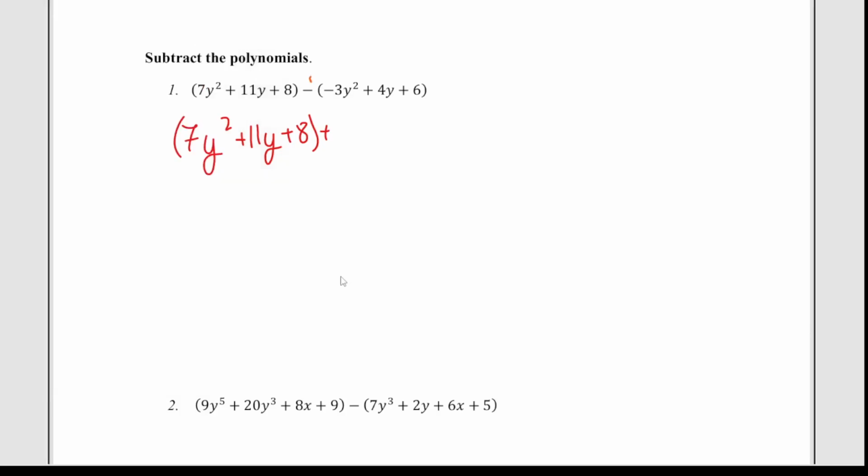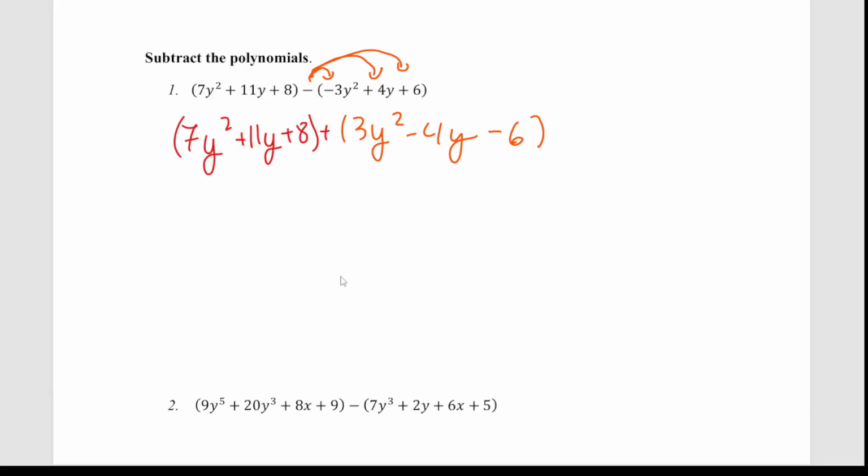So then I've got -1 times -3y cubed gets me positive 3y squared. -1 times -3y squared gets me positive 3y squared. -1 times positive 4y gets me minus 4y. -1 times positive 6 gets me minus 6. And now I'm ready to go ahead and vertically line these up. So I have 7y squared plus 11y plus 8, positive 3y squared minus 4y minus 6.